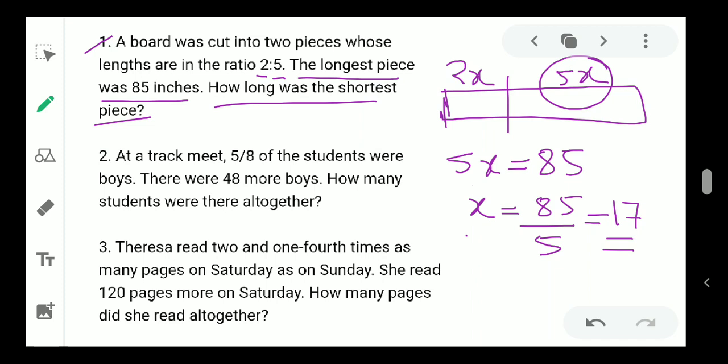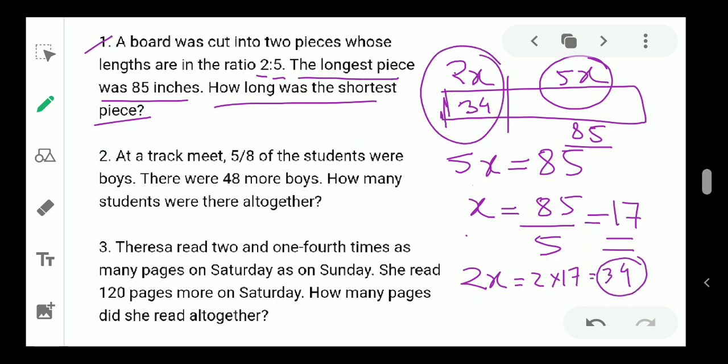So what was the actual length? The longest is known already because it is given in the question. And the shortest is 2x, that is 2 into 17, that is 34. So one part was 34 and another part was 85.